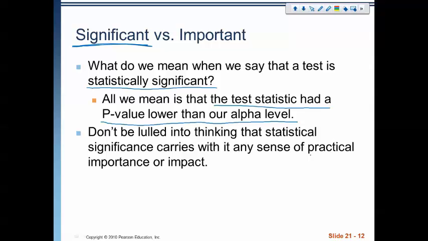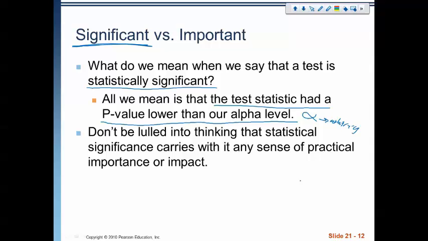First of all, our alpha values are completely arbitrary. We choose what the alpha level is. We are carrying within our calculations the threshold of evidence that we are willing to accept. So significance is entirely based on this arbitrary number that we have chosen for our situation.